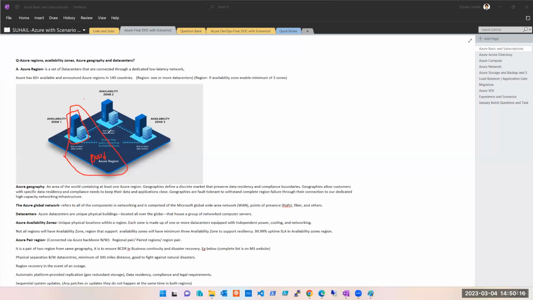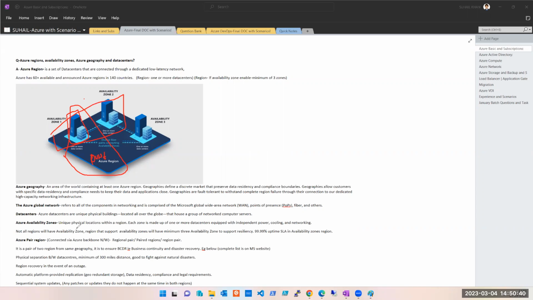One data center at least? No, availability zone needs 3 data centers. Minimum 2 or more than 2 data centers, but normally you will see 3. Even if there are at least 2 data centers, it is an availability zone. It's not necessary to have 3, but most of them, in fact all of them, have 3. Clear?